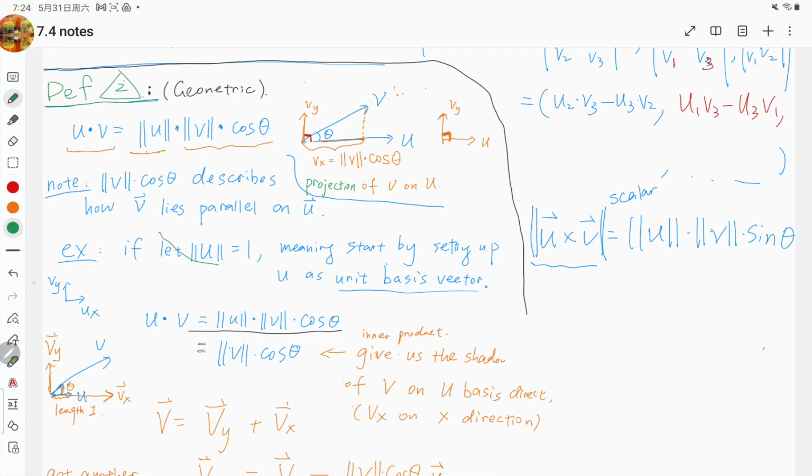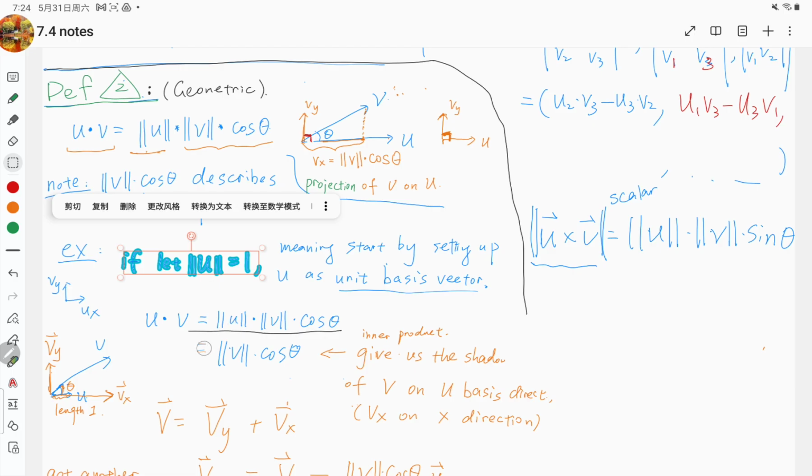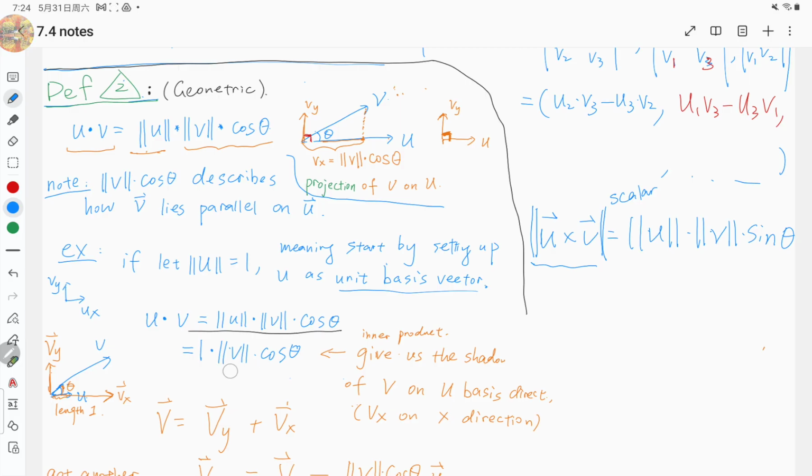And then we just plug in the value of U, because the norm of U is 1, right? So we can write this as 1 times the norm of V times cosine theta. So the inner product just becomes a projection, right?